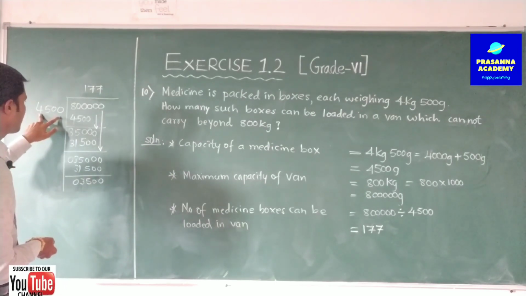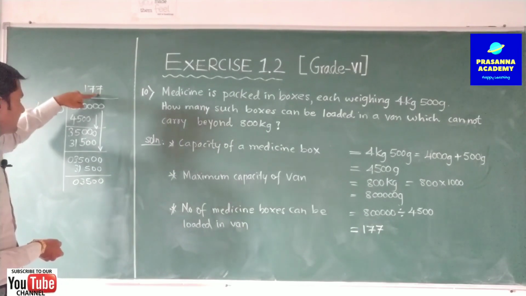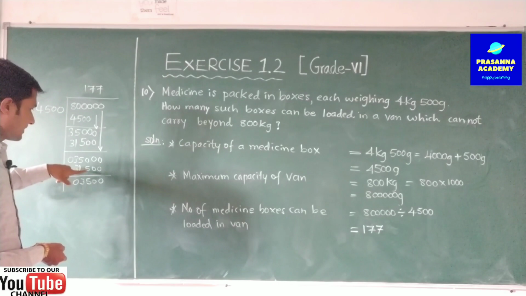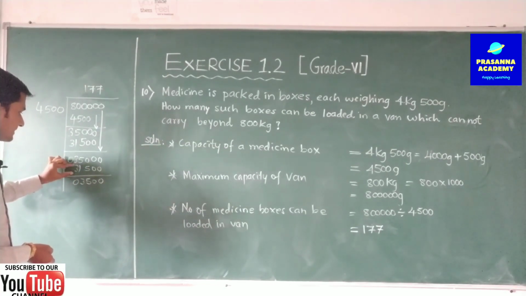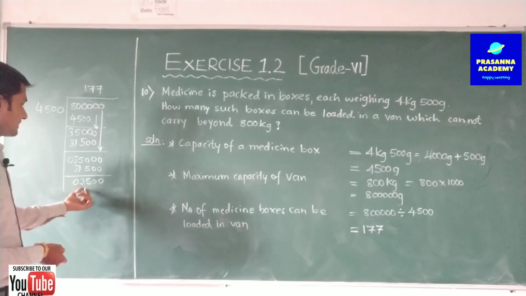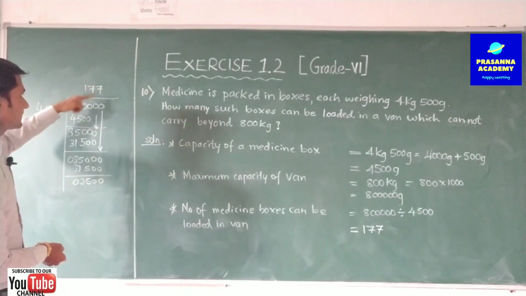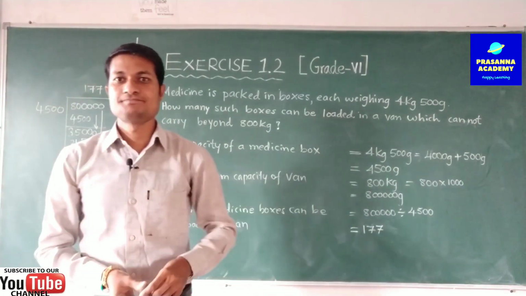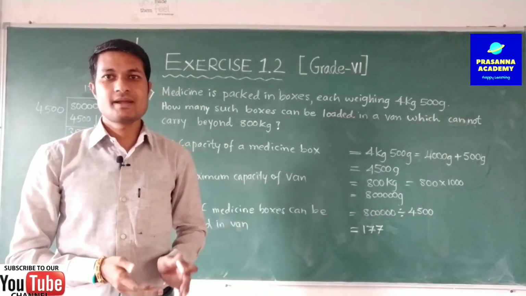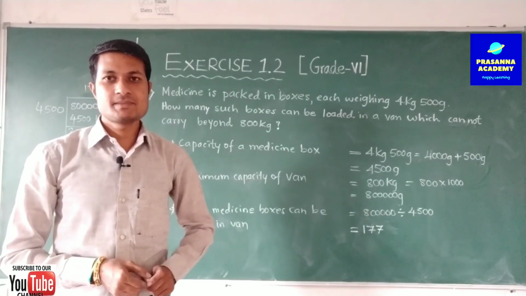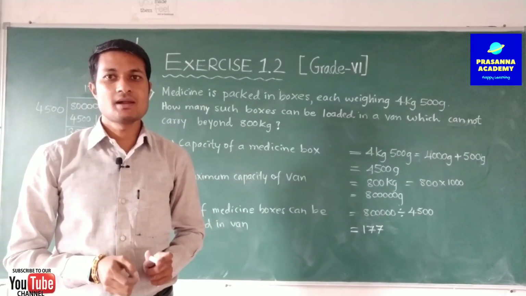Once again I am going to multiply this 4500 with 7, so that I will get 31,500 as the number which is required. So subtract this 31,500 from the 35,000, and your remainder will be 3,500, and you will get the quotient as 177. By this we can decide that 177 boxes can be loaded in that van, and its maximum capacity is 800 kg.